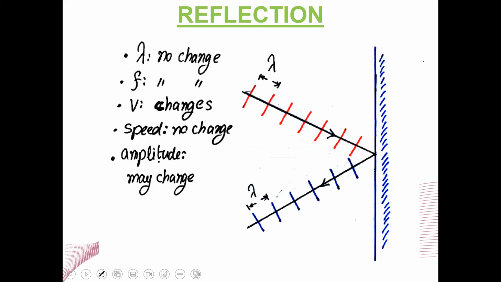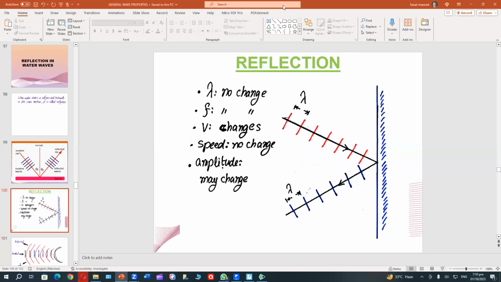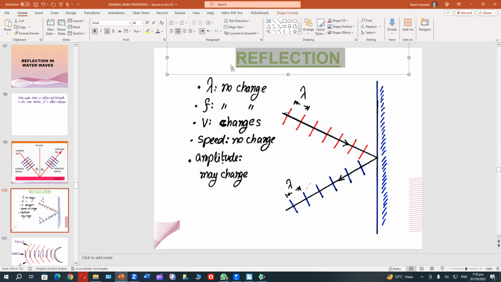Look, the properties. The most common properties of reflection are: wavelength, lambda, does not change. Frequency does not change when the waves strike the surface, and velocity may change.